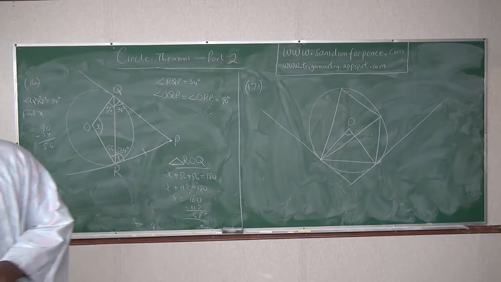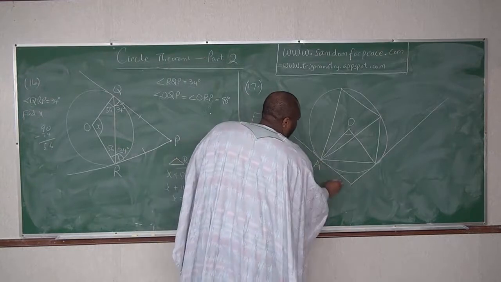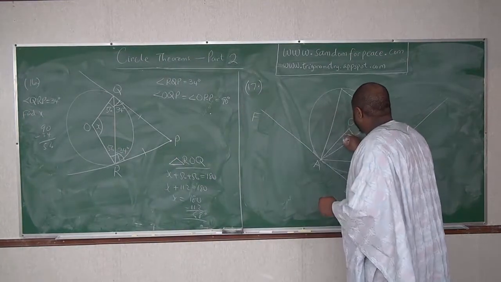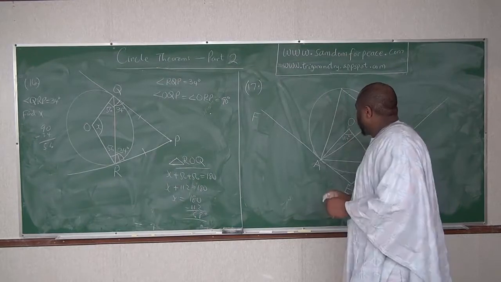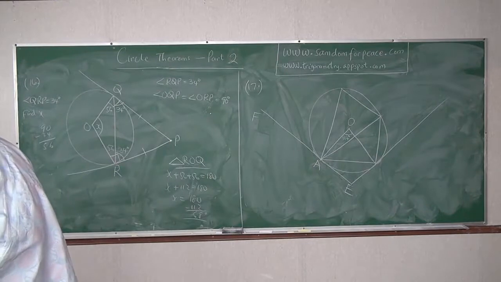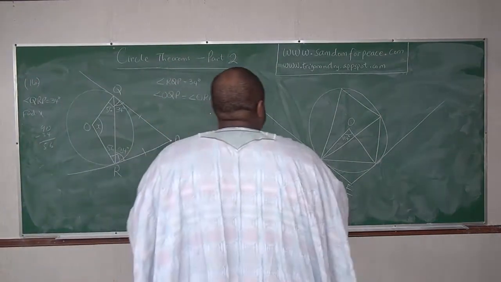So we have FAE, and this angle is 114 degrees. Then we have BCDG.